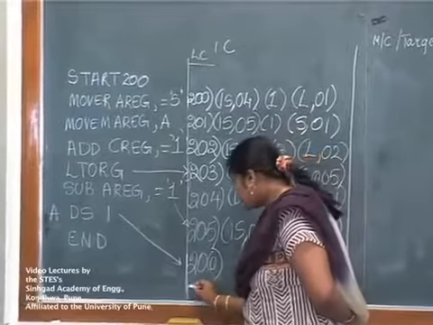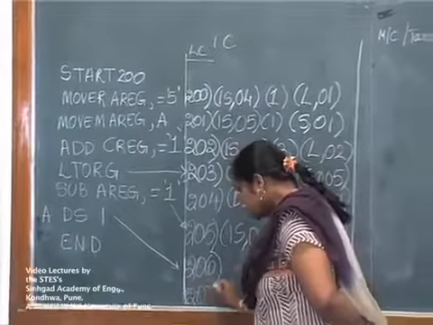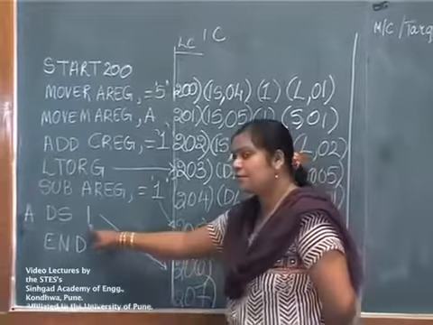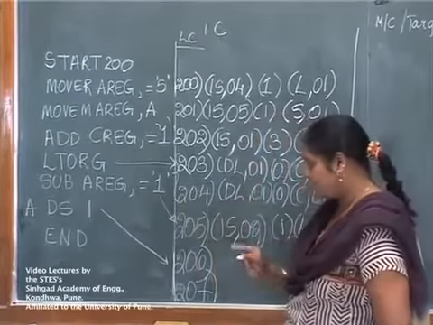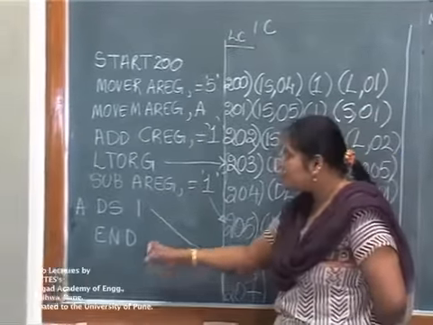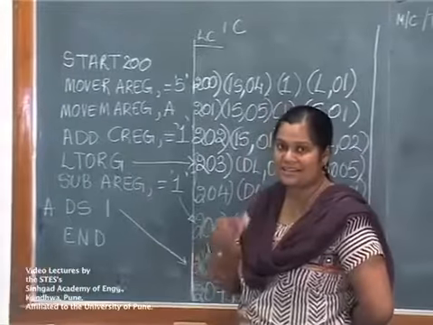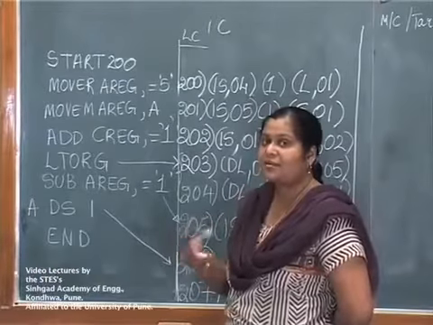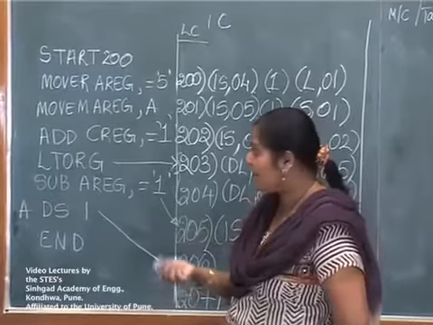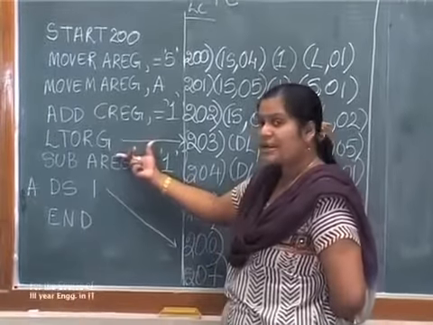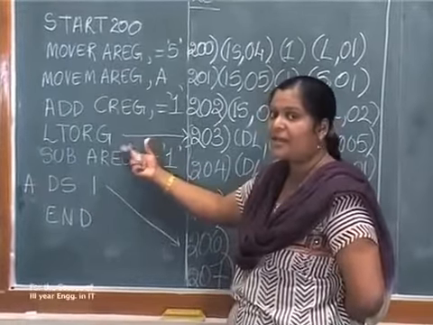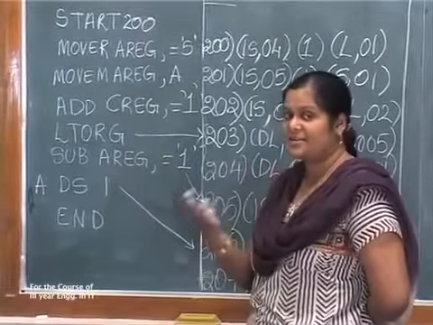So at location 207, because this occupies only one memory location, what you need to do is look at all the literals that have been used in our program after the encountering of an LTORG statement, and we have to associate addresses with them.